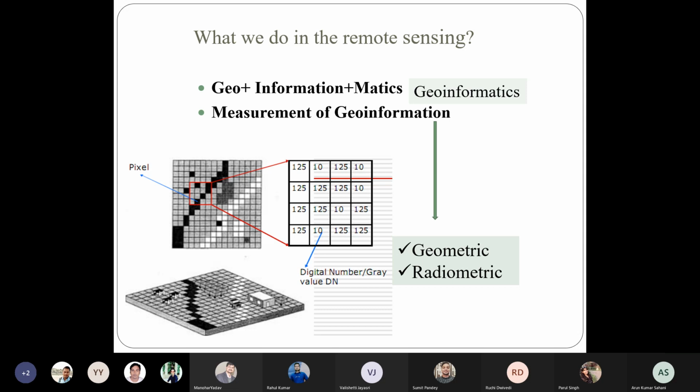On that basis we are also able to distinguish various objects. For example, if you see two houses, can you distinguish the floor area or roof area of the two houses? You can do it because you have the capability to sense the dimensions of the object.